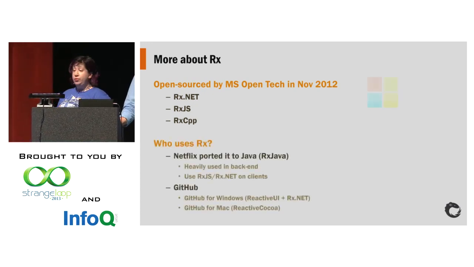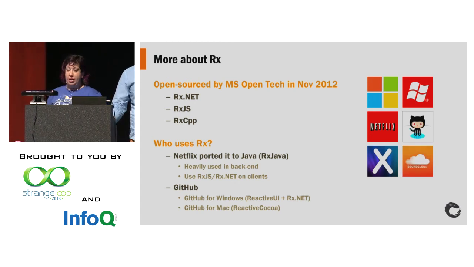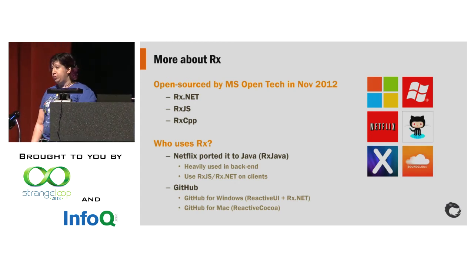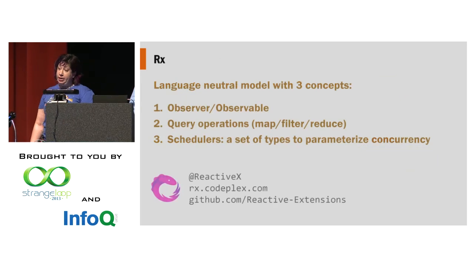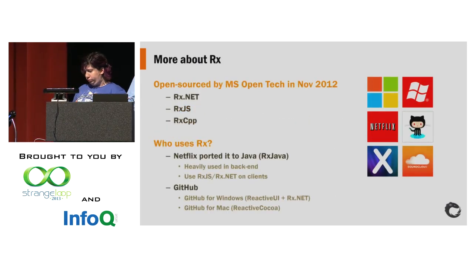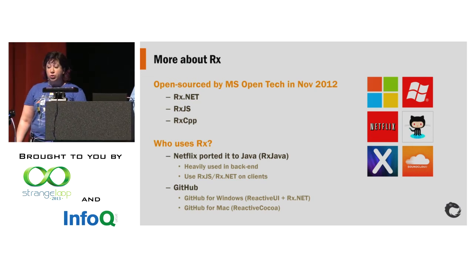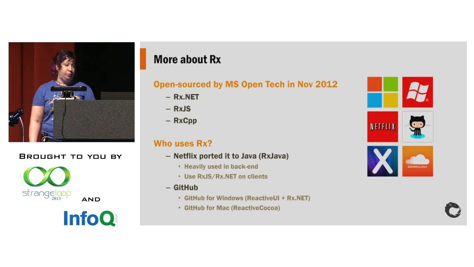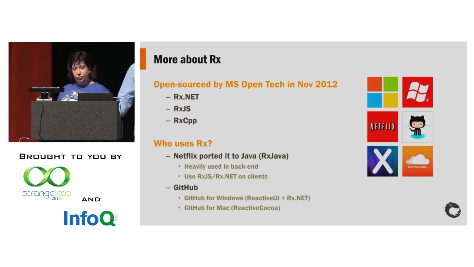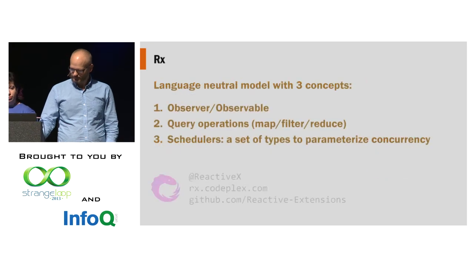And in terms of who uses Rx, there are a few very prominent people that use it in production. Netflix ported it to Java, as we said, and they use that in their back end. On their front end, they use Rx.js and Rx.NET. GitHub created Reactive Cocoa and uses Rx in GitHub for Windows. And Xamarin's also available, and on SoundCloud, which is pretty nice as well.